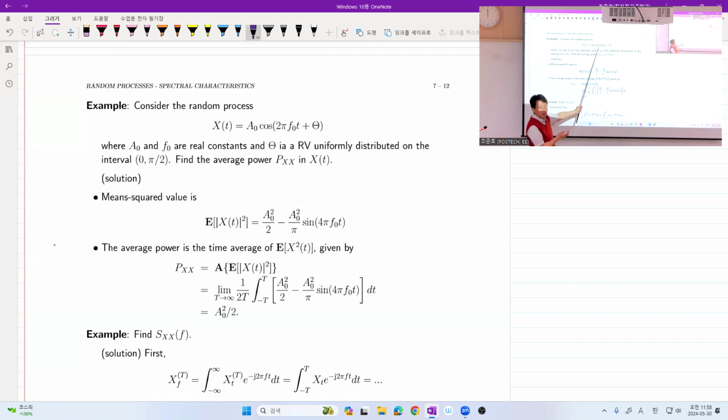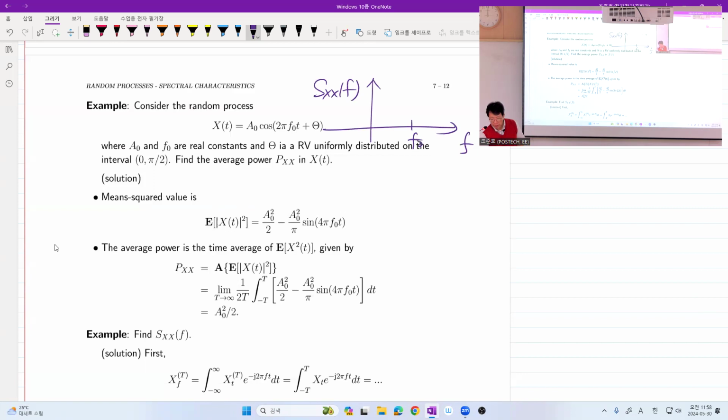Because it has sample paths that are all cosine functions with the same frequency. So what you want is that, if our definition is well defined, what do you guess? At F0, you have some delta function because no other frequency component exists. But the integration of this function must be a finite power, right? So we must have delta functions located at F0 and negative F0.